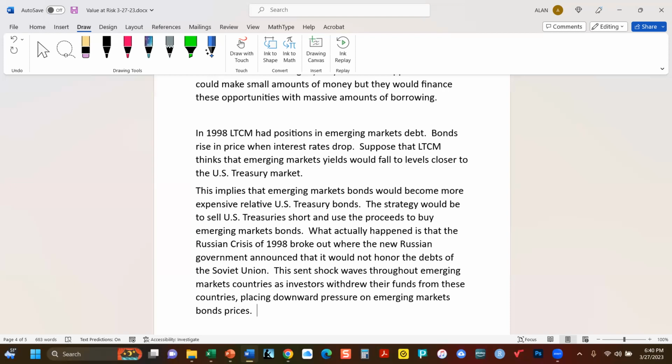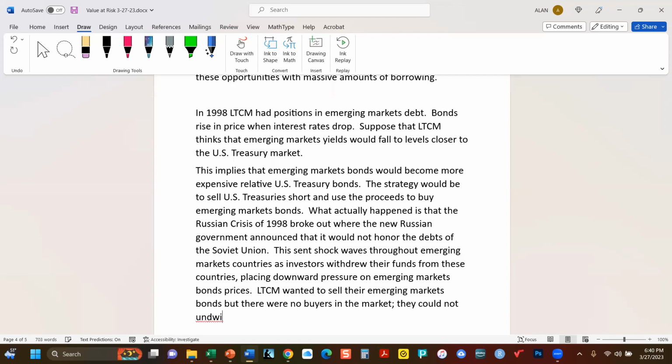So unfortunately for them, they wanted to sell their emerging markets bonds, but there were no buyers in the market. They could not unwind their positions. By the time the dust settled, they had actually lost like hundreds of billions of dollars. I mean, some unbelievably preposterous amount of money.